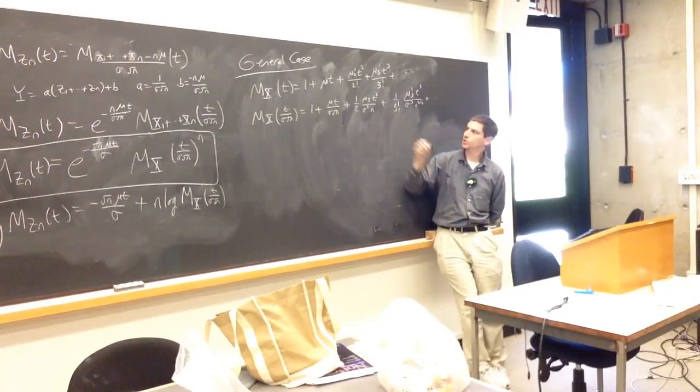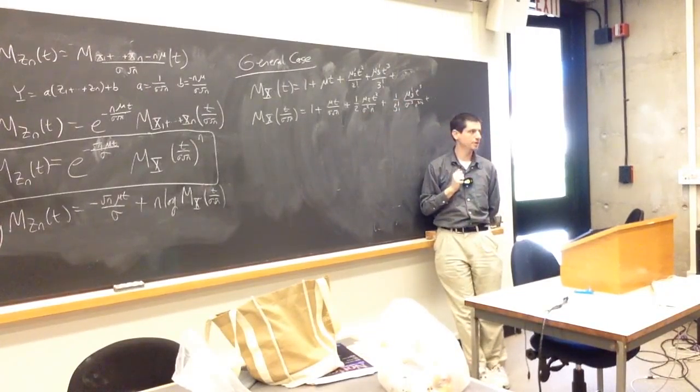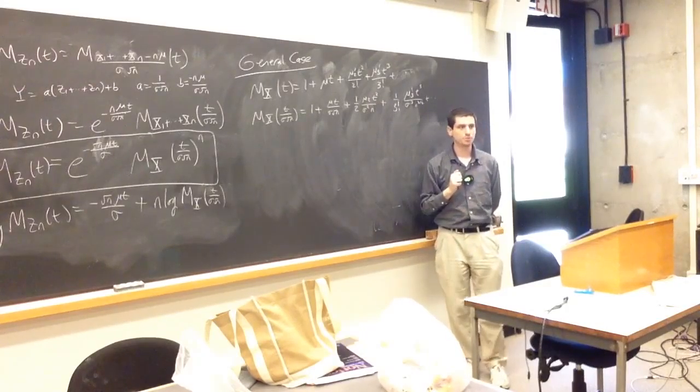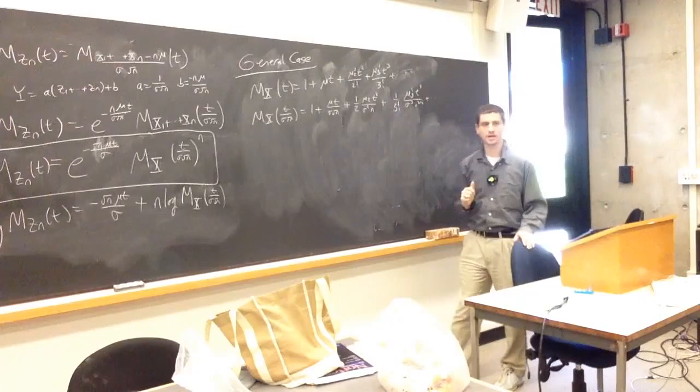So this should be the moment generating function of x. When t is very small, these higher terms don't matter.